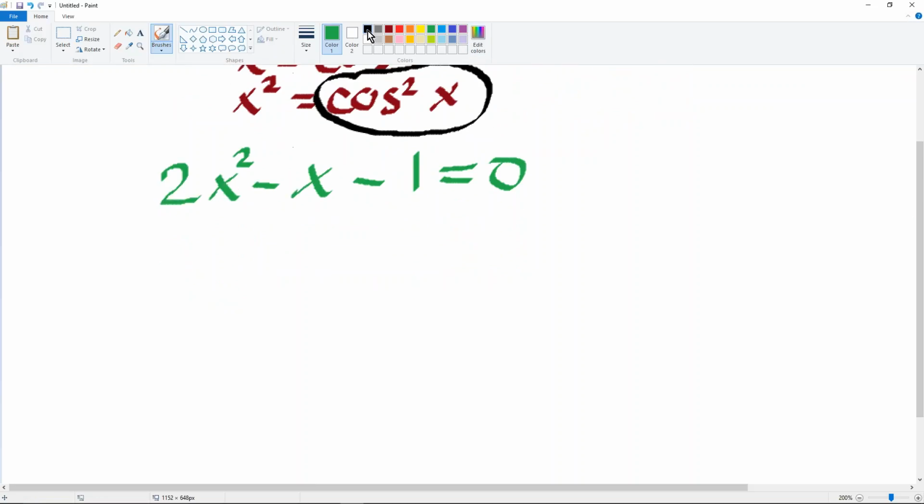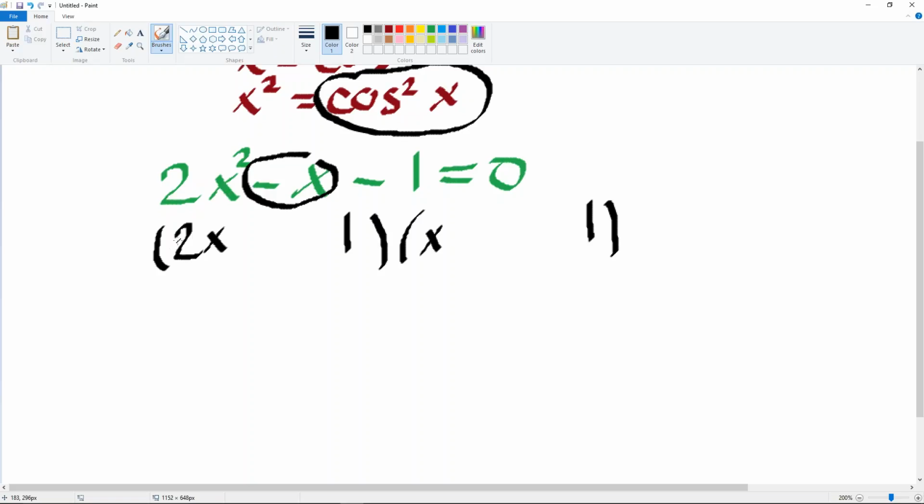Now you can either factor by trial and error or the box method. How do you get 2x squared? We said 2x and x. We said the only multiple of 1 was 1 and 1. Now we have to figure out the signs. We're trying to get a negative x. If we were to FOIL this with this, what's 2x times 1? 2x. So I'm trying to get a negative x. That only happens if I make this a negative and this a positive.